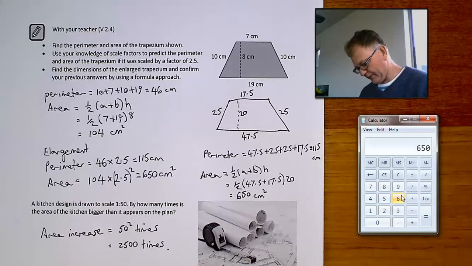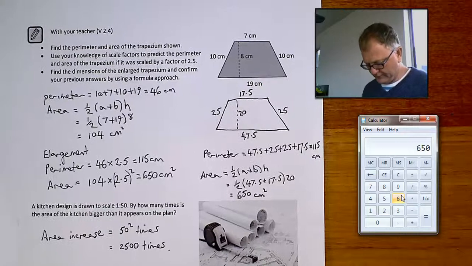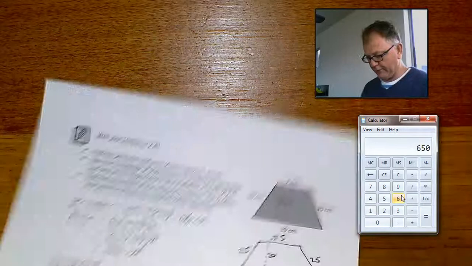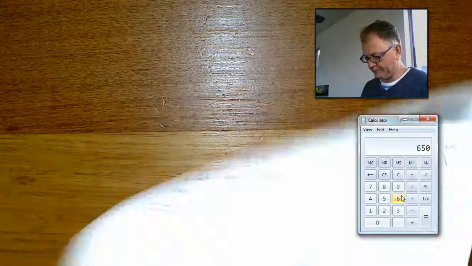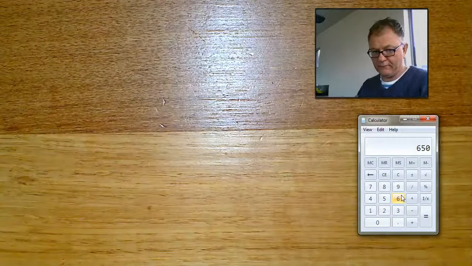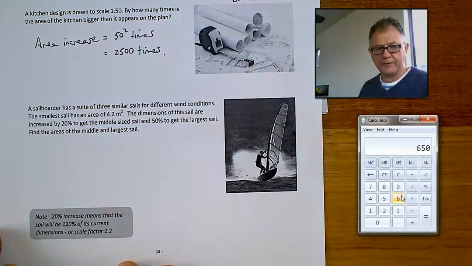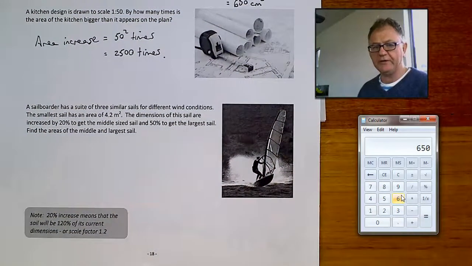And the last question here is about a sail boat. I'll have to move the paper up. It's got three similar sails.